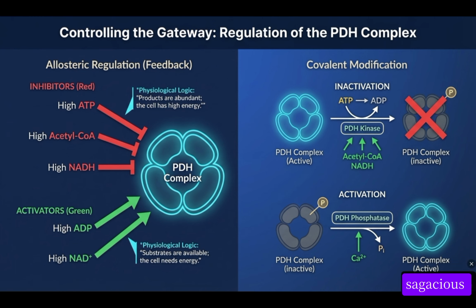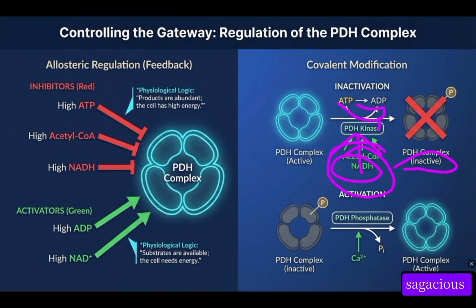This is the reason why whenever ATP is high, NADH is high and acetyl-CoA is what? High. So what are they doing? They're stimulating the conversion of active pyruvate dehydrogenase to inactive pyruvate dehydrogenase. So ATP will come and add a phosphate group to this.